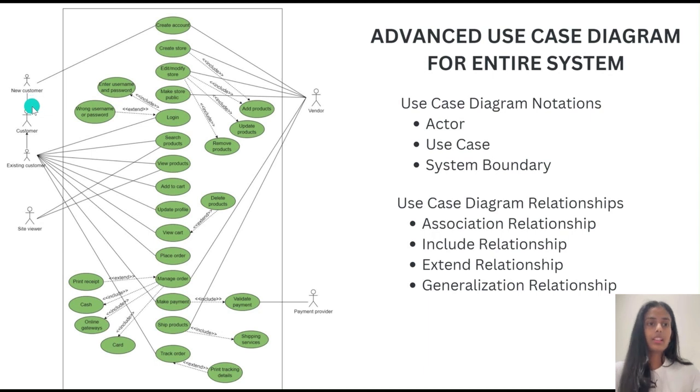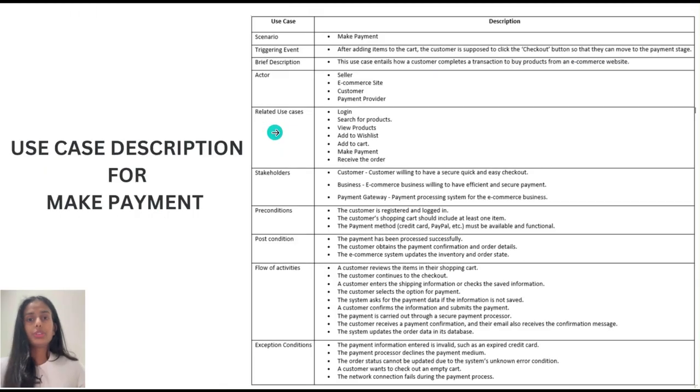For example, in this use case diagram, customers can be generalized into new customers and existing customers. Now let's move on to the use case description. To show one specific use case, we chose the make payment use case for our use case description. So we make a table like this to show a use case description. Let's go through that.